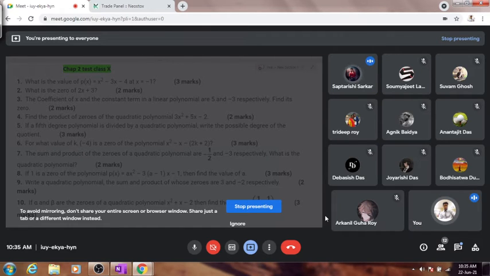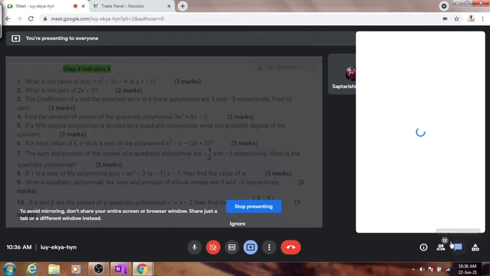How much, Saptarishi? Somojit, Shubham, how many numericals are done? Trideep, Anantajit, Devashish, Joyrishi, Arkanil, and Bodhishwata. Bodhishwata is done with 8 numericals. Agnik is done with 10.